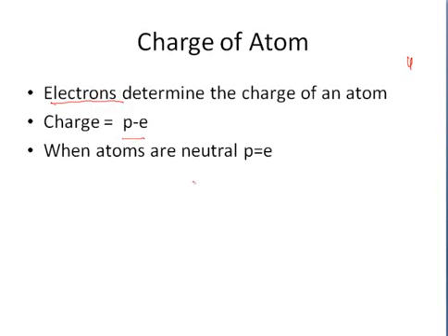So let's say I have the element fluorine, and it has 9 protons, and let's say it has 10 electrons. So the protons are each a charge of 1, so that's 9 positive, 10 negative. If I add those up, I get a 1 negative.